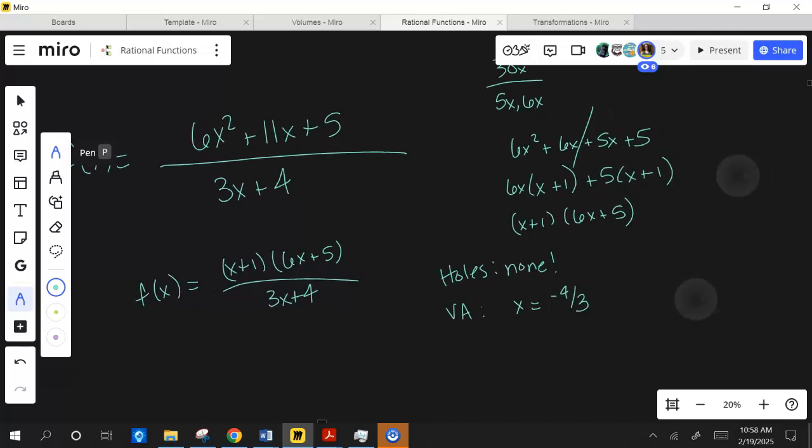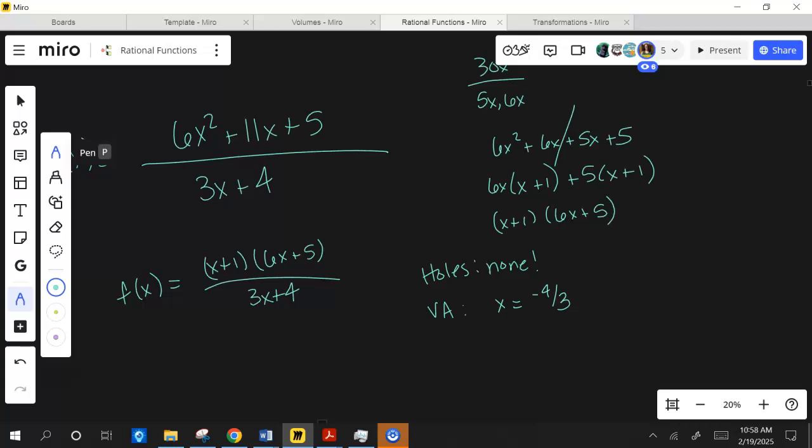All right. The top to 0 are your x-intercepts. The bottom to 0 are your vertical asymptotes. Harris, put that up. The x-intercepts would be when the top goes to 0, right?